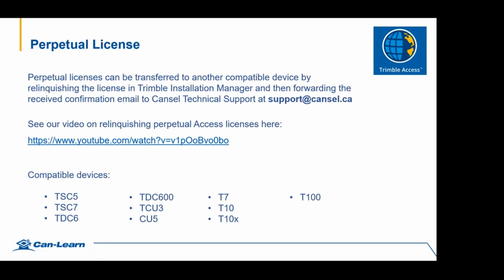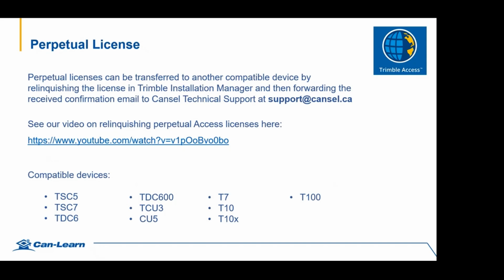Perpetual licenses can be transferred to another compatible device by relinquishing the license in Trimble Installation Manager and then forwarding the received confirmation email to CanLearn's technical support. You can see in the link here our video on relinquishing perpetual access licenses.